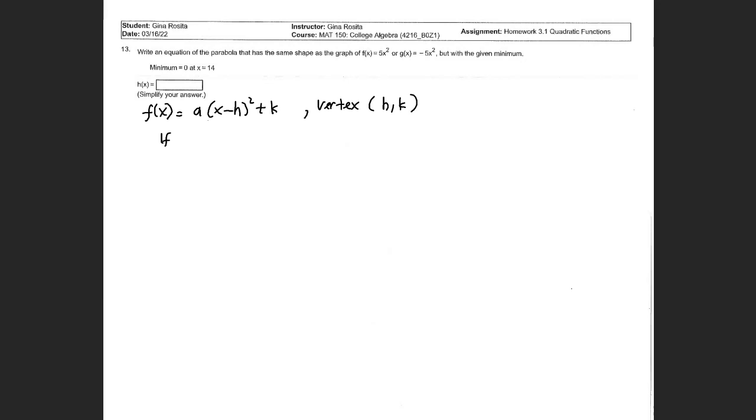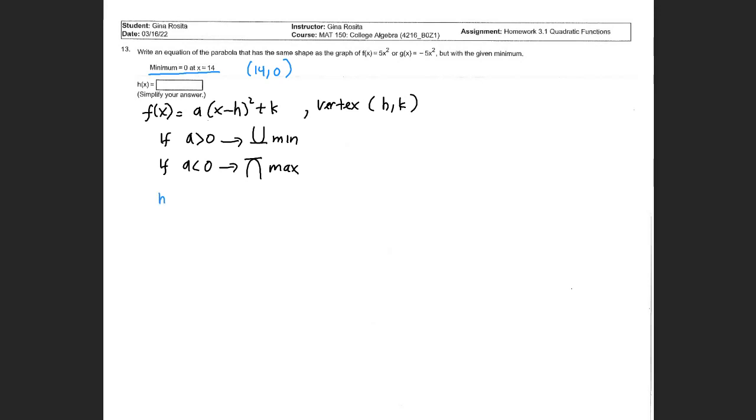Remember, if a is greater than 0, the parabola opens upward, so we have a minimum. If a is less than 0, the parabola opens downward, so we have a maximum. Now look at the question. We need a minimum: minimum y equals 0 at x equals 14. So the vertex is 14, 0.